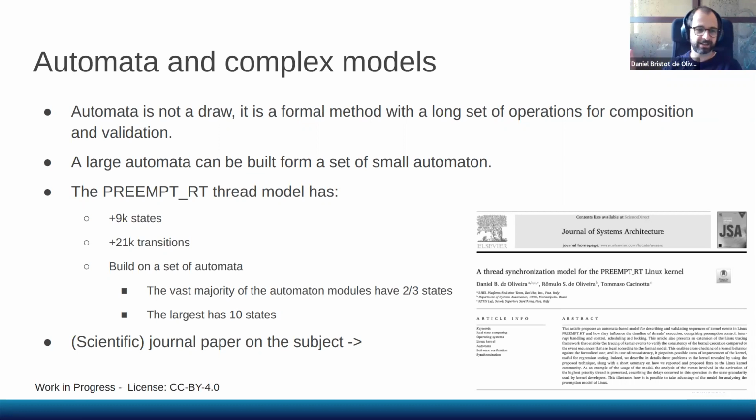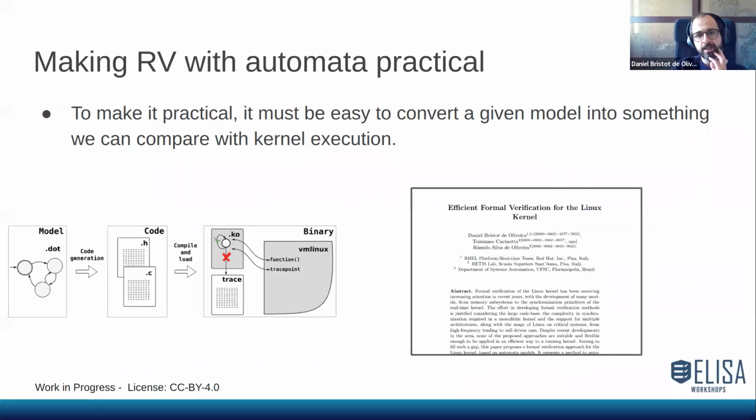It has more than 90,000 states and more than 21,000 transitions. And it was possible to do with automata by building the complex system from small specifications, from pieces of 2 or 3 states. In the worst case, there is one of 10 states, but just one among them. And there is a publication here if you want to find more about it.